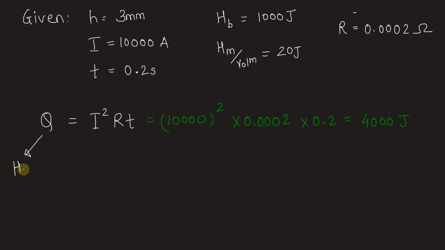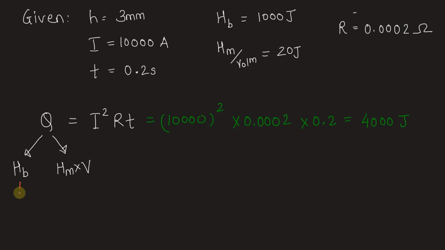Now this heat that is supplied for the welding will be utilized. First, the heat to be supplied to the base metal to melt it, and then the other part of the heat will be utilized to actually form the weld, to form the volume of weld nugget. So this heat can be expressed as heat supplied to melt the metal per unit volume into the volume of weld nugget that is formed.